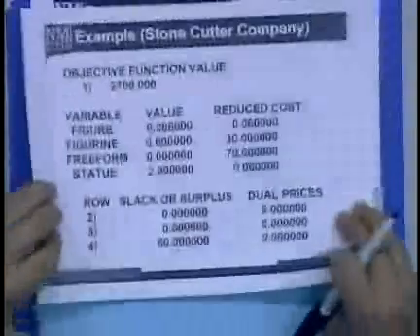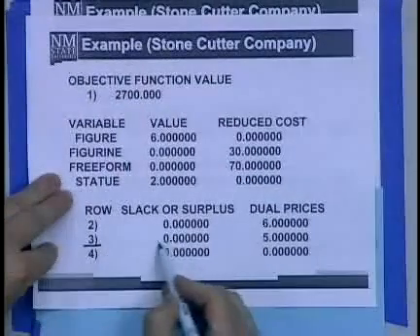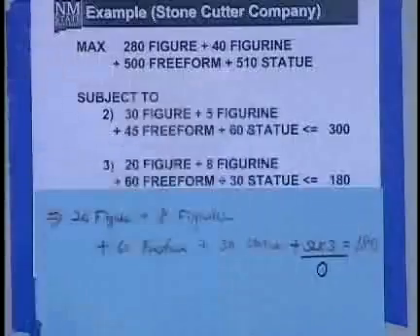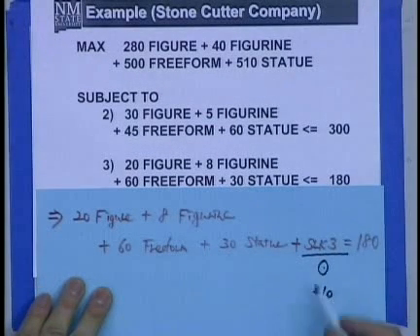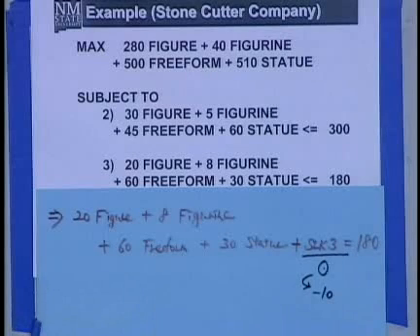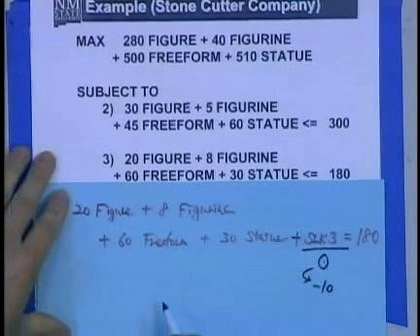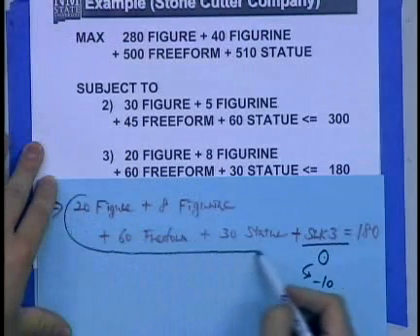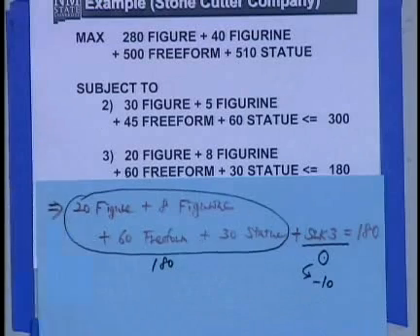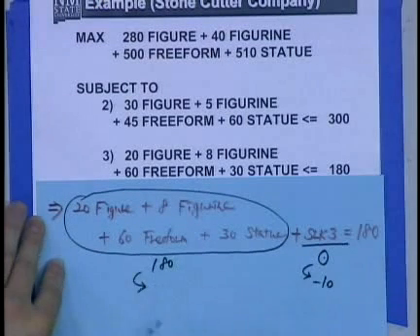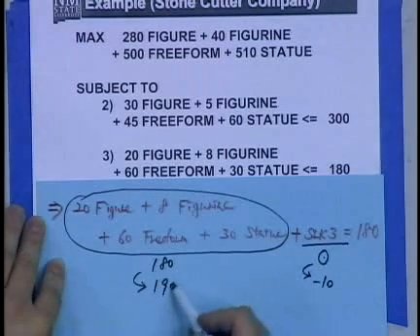That is the current value for slack 3, right? To negative 10, right? Because in the current optimal solution this value is 180, but the revised solution becomes 190, right?